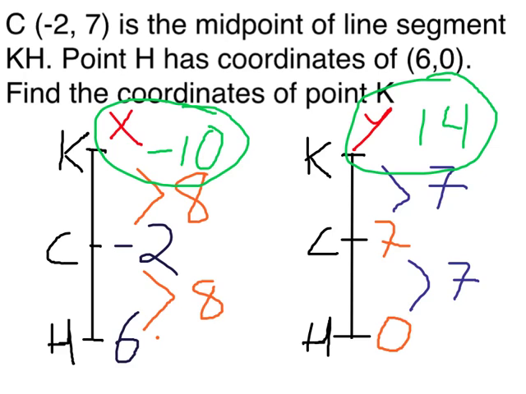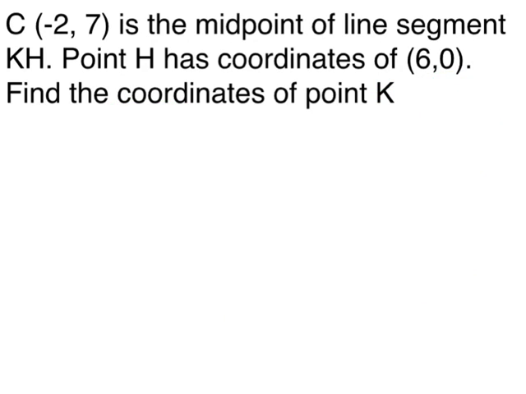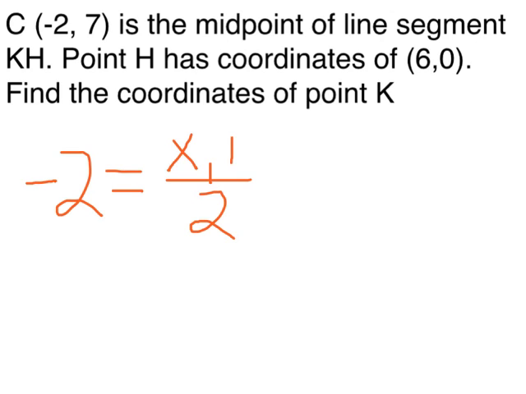And here is a second way. The second way would be to use the formula for midpoint. Now we already know the midpoint of the x value is -2. So I'm going to set -2 equal to the midpoint formula. I know it's divided by 2, and we'll say K is x1, and then x2 is 6.